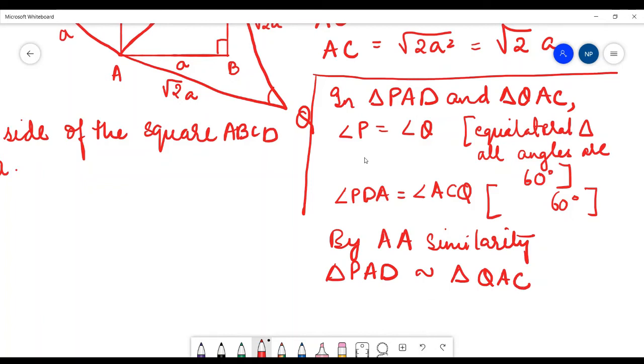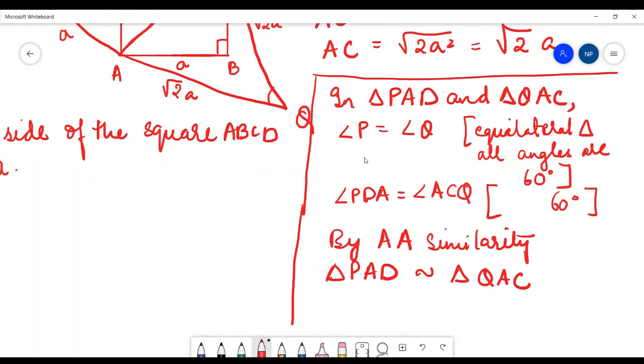Now, since we have proved this, we are working upon which theorem, children, in this exercise? We are working upon the theorem of area of similar triangles. It states that the ratio of the areas of two similar triangles is equal to the square of the ratio of the corresponding sides, isn't it?